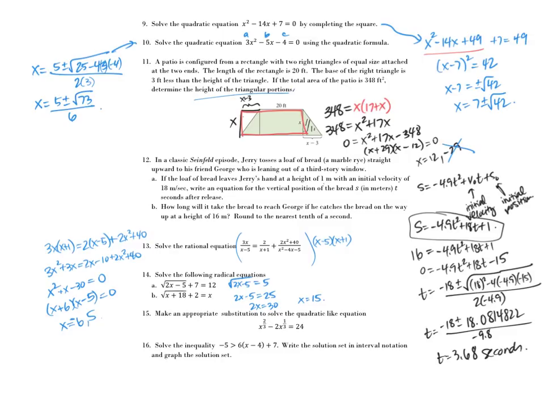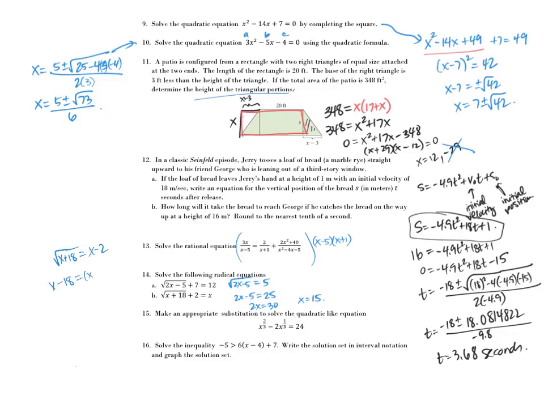And for part B, I'll move over here. I can subtract the 2 over. So I have square root of x plus 18 is equal to x minus 2. Then I can square both sides. So I'll have x plus 18 is equal to x minus 2 quantity squared.